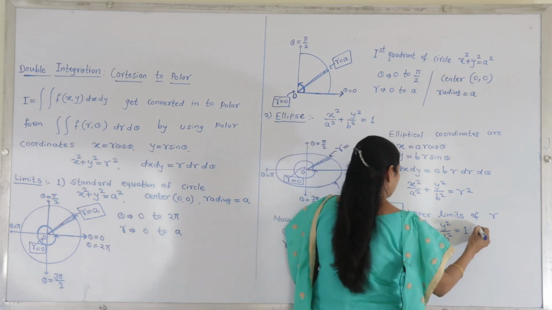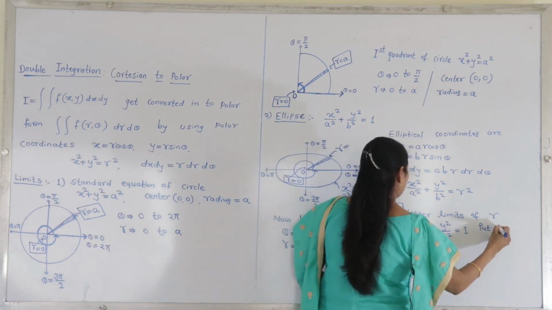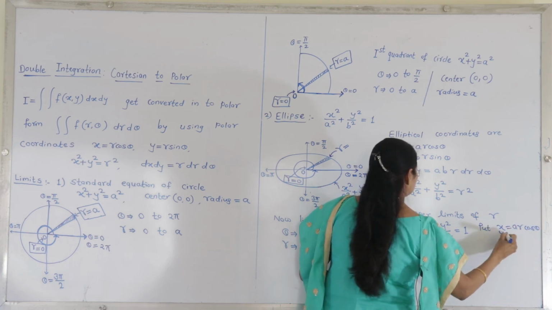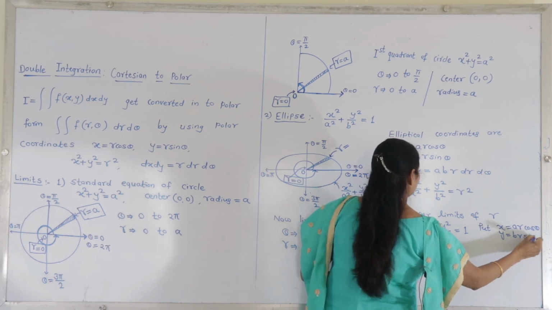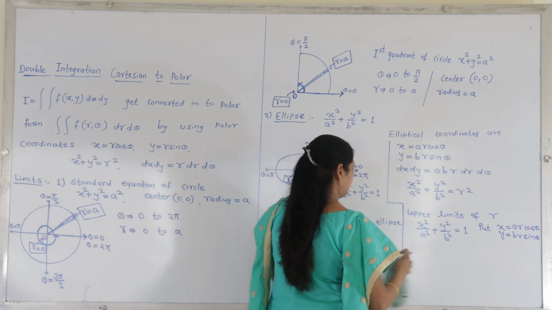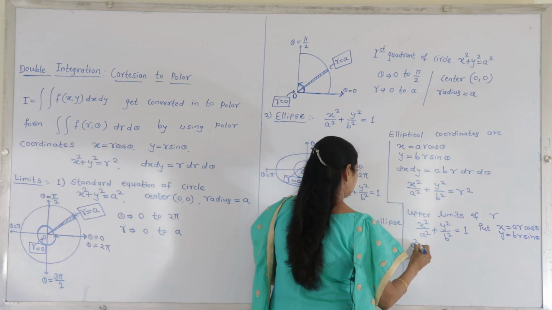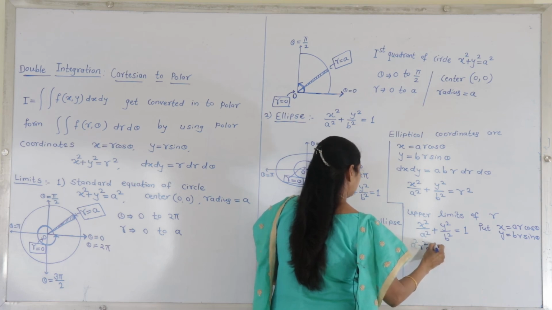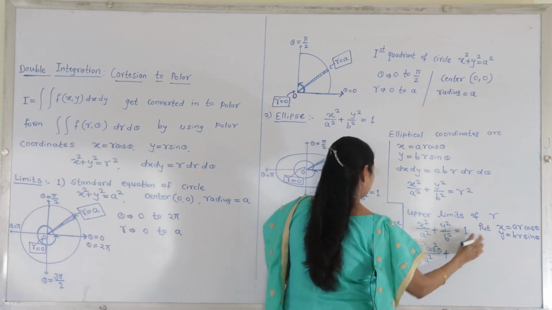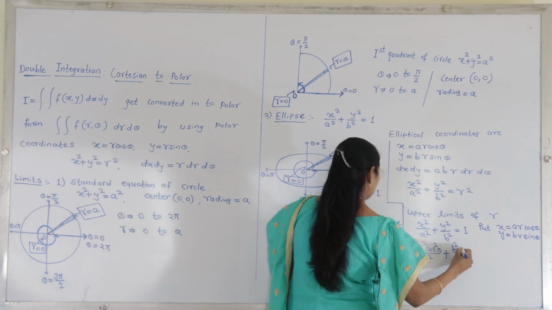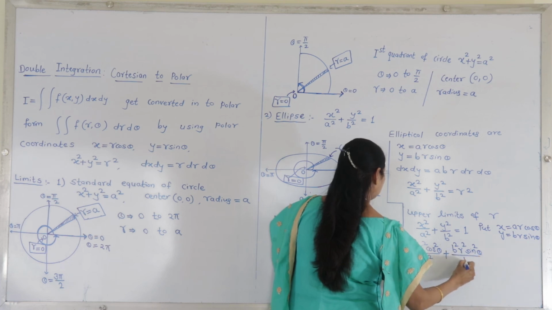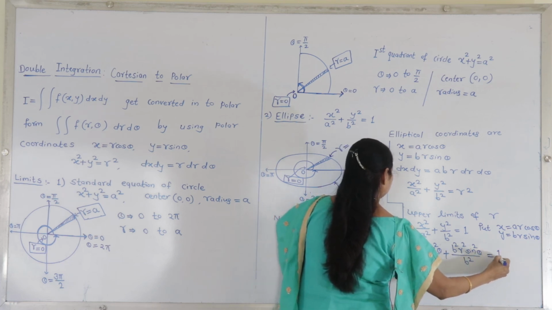In this equation, if we put x is equal to ar cos theta and y is equal to br sin theta, then x square upon a square means a square r square cos square theta upon a square, and y square upon b square means b square r square sin square theta upon b square, is equal to 1.